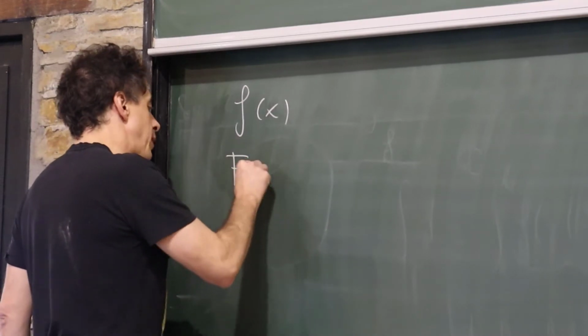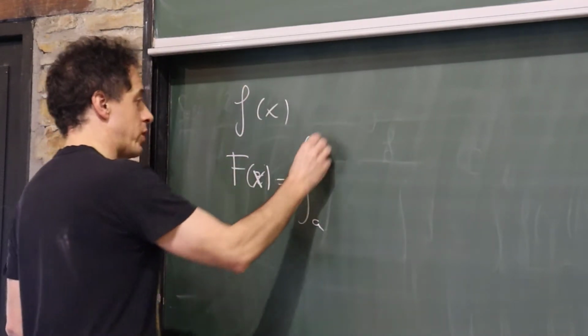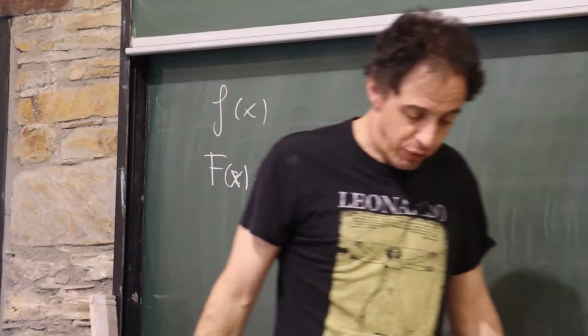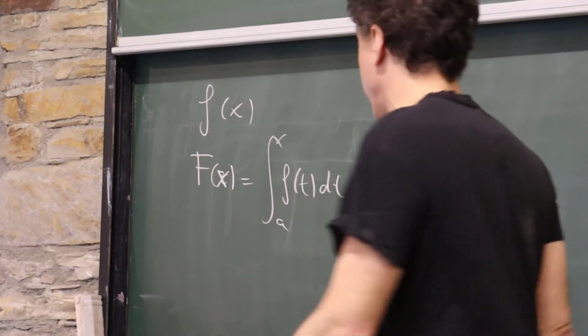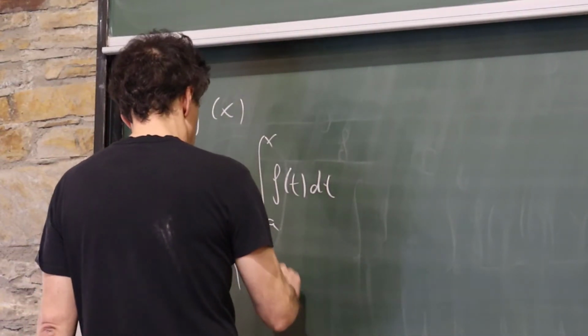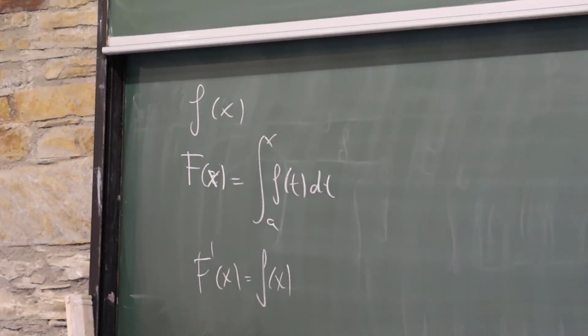Well, you can define the primitive as the integral from a fixed point to some x. And this is a primitive. This is the fundamental theorem of calculus. This is a function such that the derivative is the original function. So any continuous function, you know, has a primitive. We can try to reproduce the same scheme here.